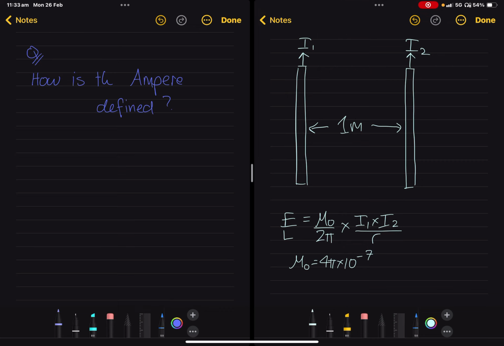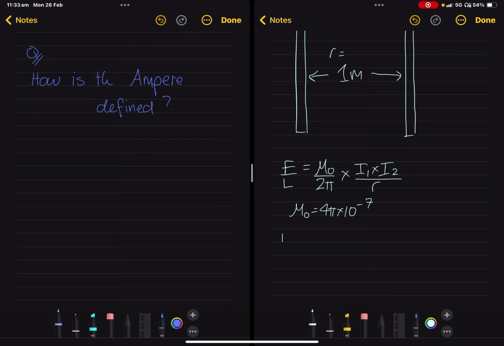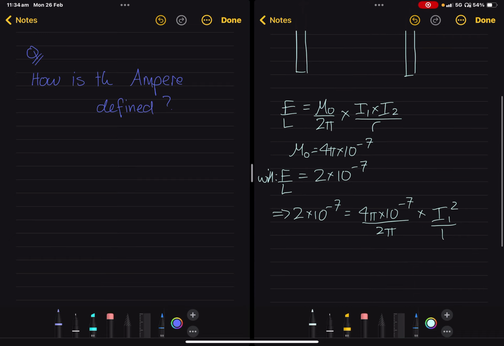So I1 is equal to I2, R is equal to 1. So the force per unit length, we were told, has to be 2 times 10 to the minus 7. This gives us 2 times 10 to the minus 7 has to be equal to mu naught, which is 4 pi times 10 to the minus 7, divided by 2 pi, times I1 squared over 1.